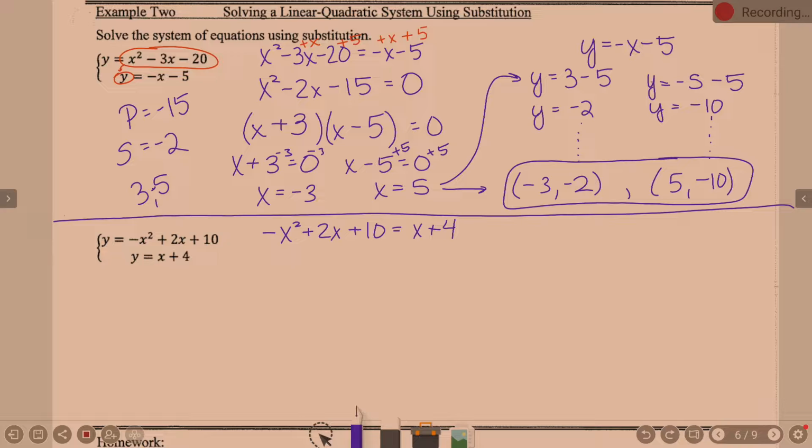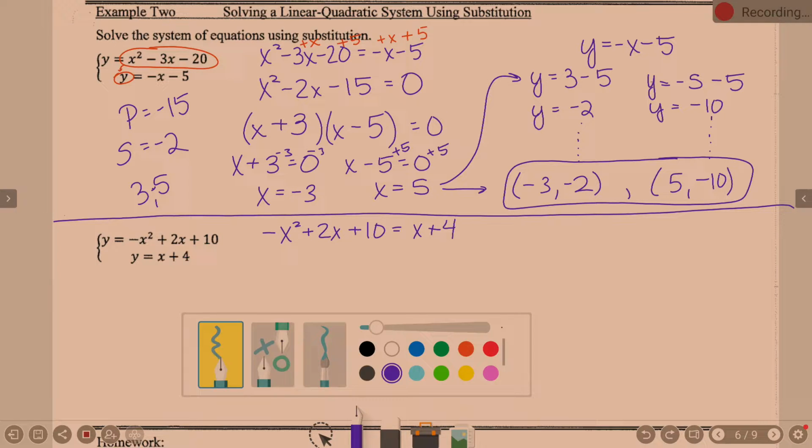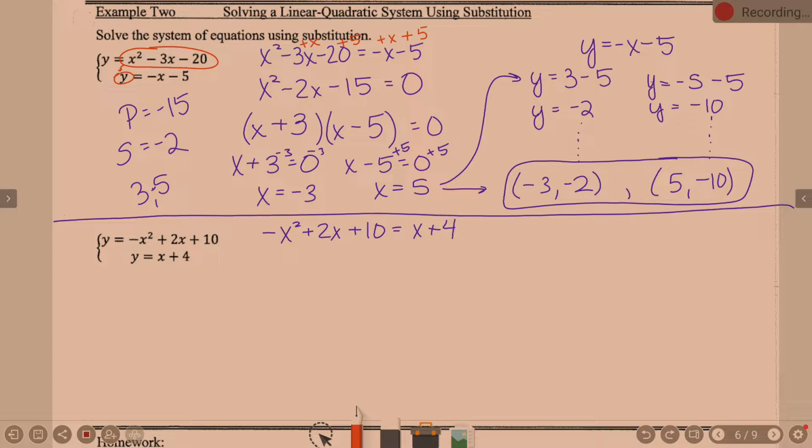Try and stay a step ahead of me if you can. Okay. I have x squareds, I have x's, I have numbers. So I probably want to take that equation and make it equal to 0. In order to make it equal to 0, you have to subtract your 4 and your x. So I'm going to subtract x and subtract 4 from both sides, because how do I move a positive x?